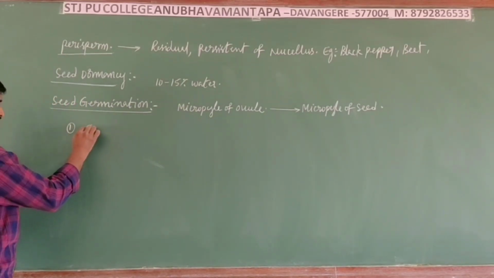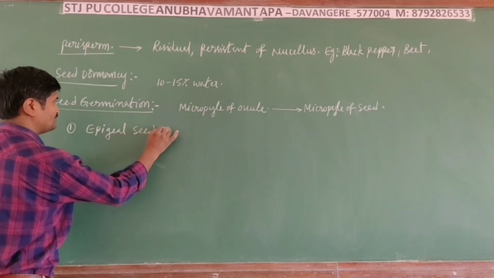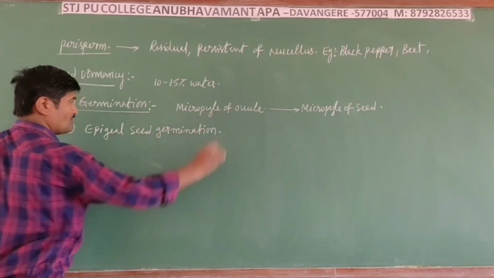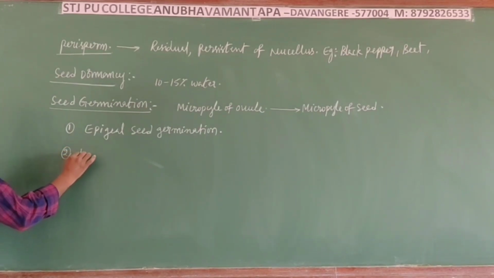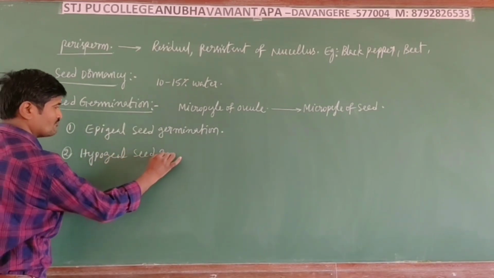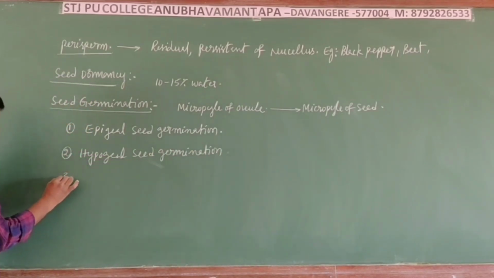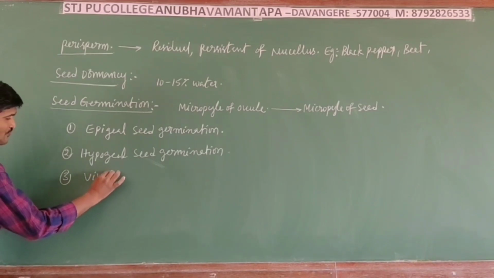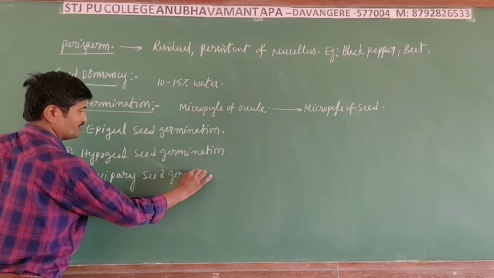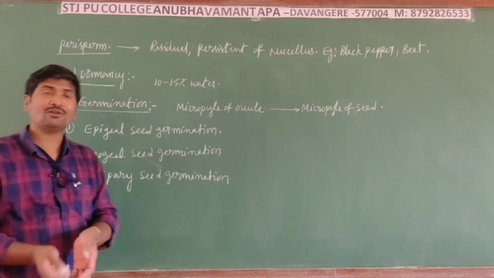Mainly three types of seed germination are there: epigeal seed germination, hypogeal seed germination, and vivipary seed germination. So these are the three types of seed germination.